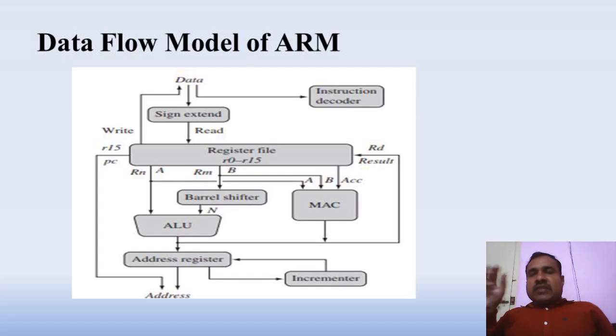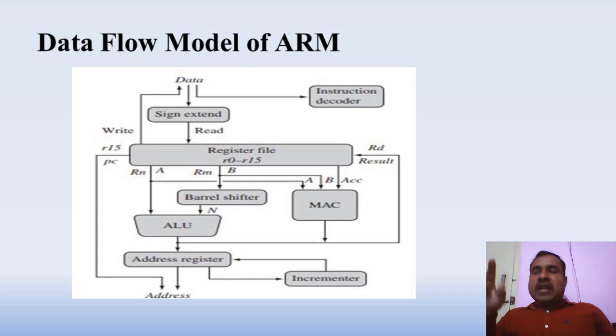And it has one important functional block, that is the barrel shifter, which is placed between the register file and the ALU. This particular hardware pre-processes one of the operands before it enters the ALU.